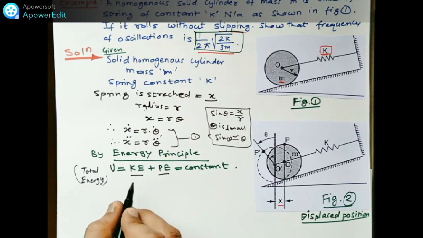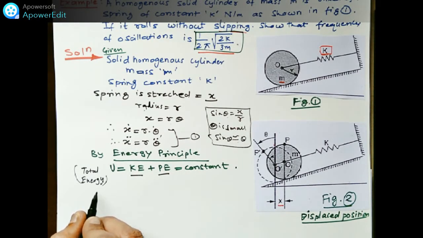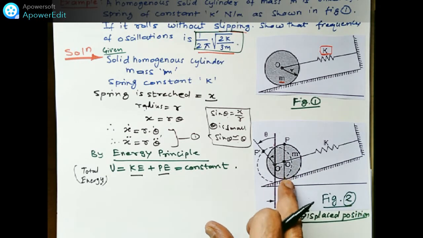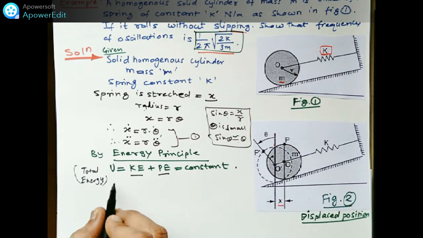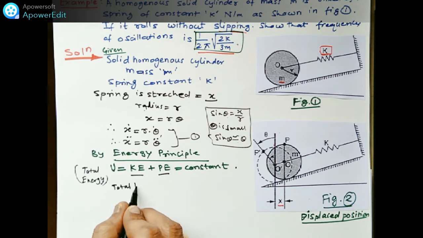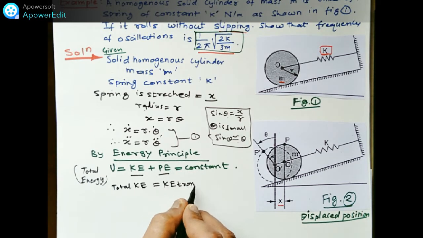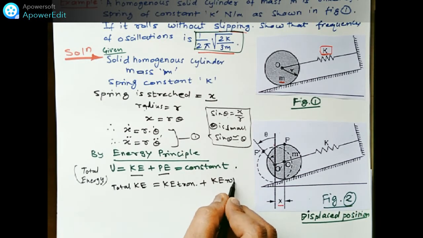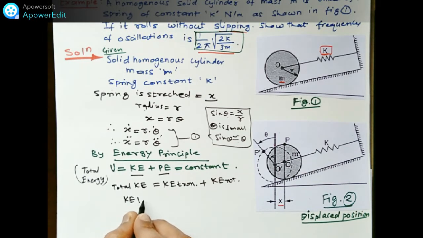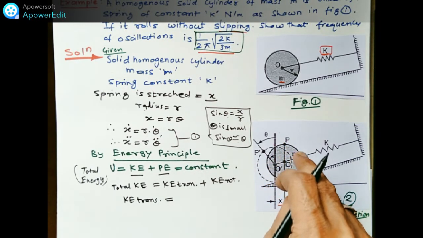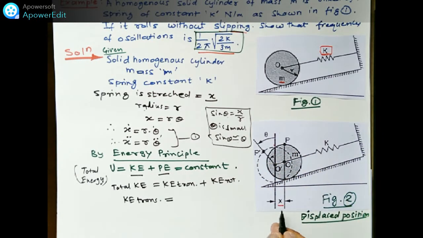Friend, here we have to calculate the total kinetic energy. The solid cylinder is translating and also rotating. So the total kinetic energy becomes Ke translation plus Ke rotation. For Ke translation, the solid cylinder has mass m and is displaced by distance x, so it is half m x dot square.